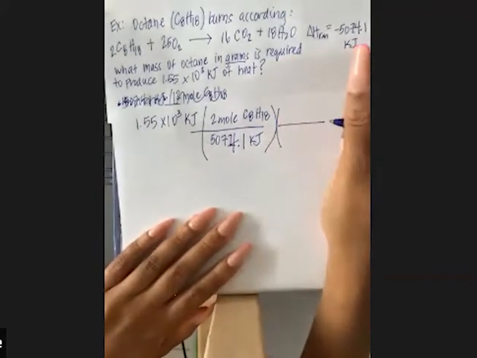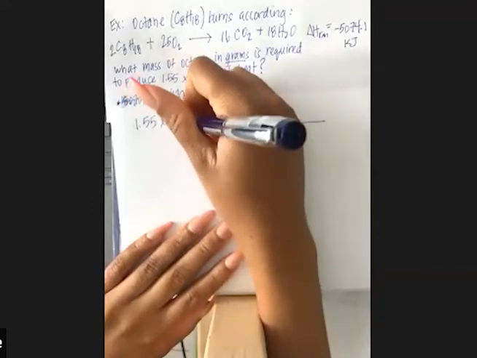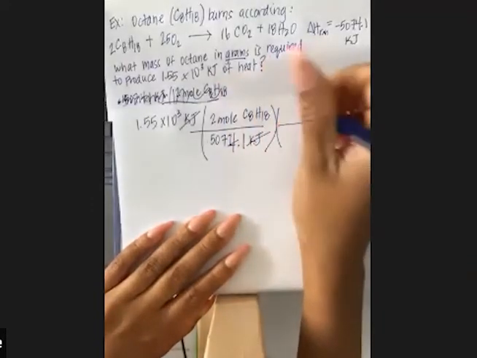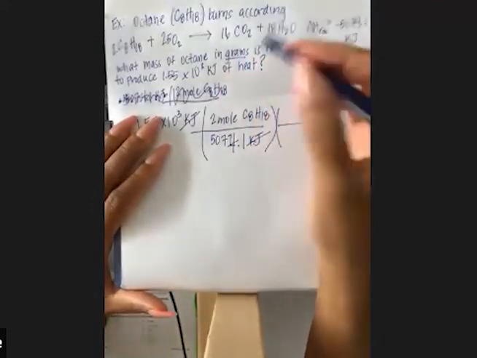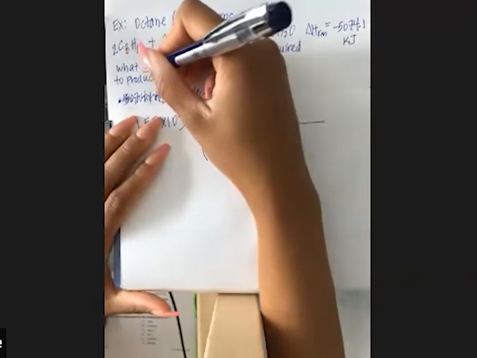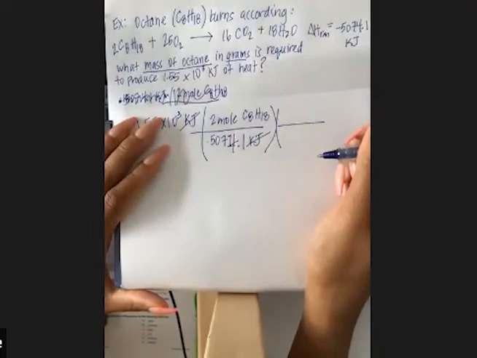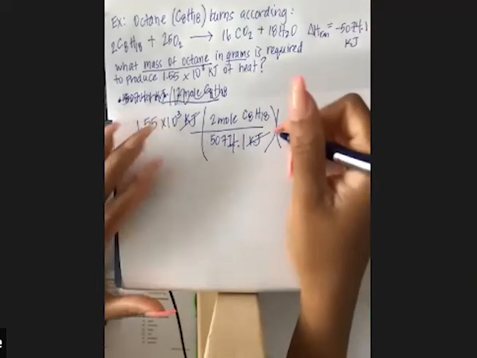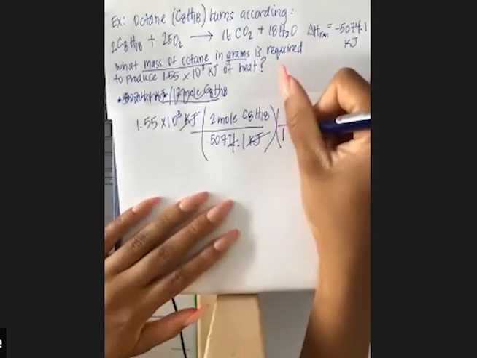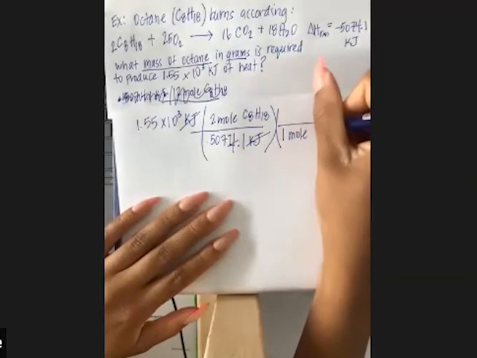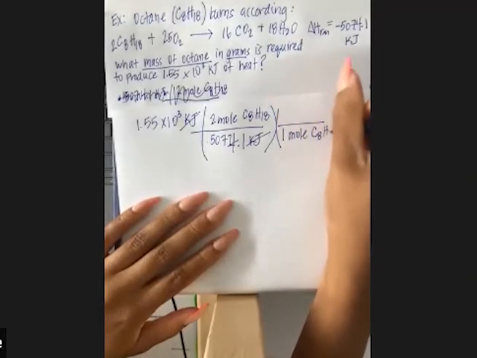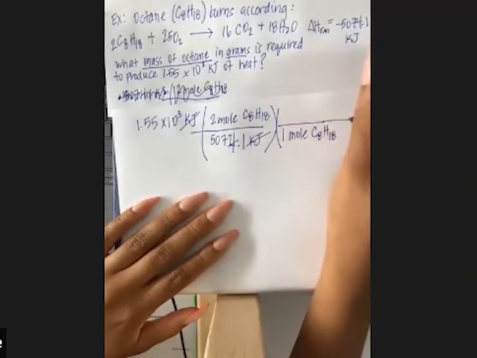All right, so when we do this, can anyone tell me what you think the next step is? Because now we're out of kilojoules and into moles, and the question's asking, what's the mass of octane? So if I'm in moles of octane, how do I go from moles of octane to grams of octane? Then we use the molar mass, which says 1 mole of octane is going to be whatever the mass of octane is.